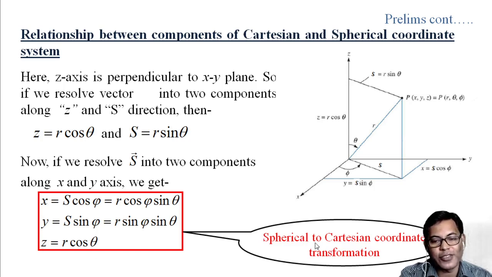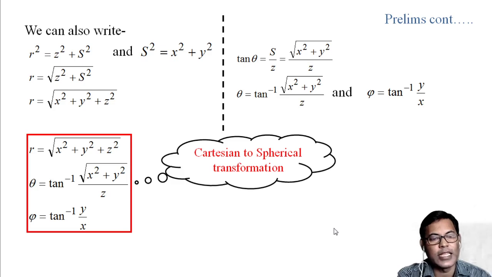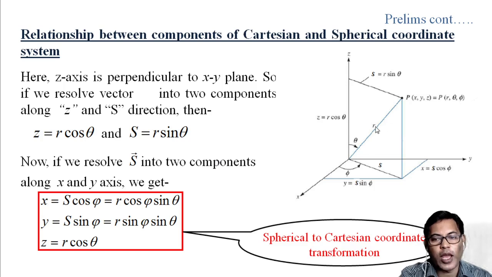Here you can see the spherical to Cartesian coordinate transformation. Now, we are going to transform from the Cartesian to the spherical coordinates. So, here first we need to find r square. R square means s square plus z square.